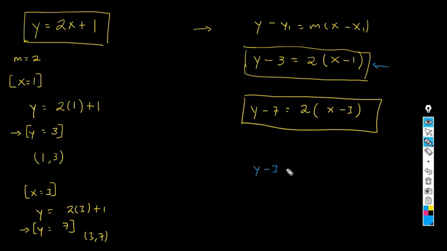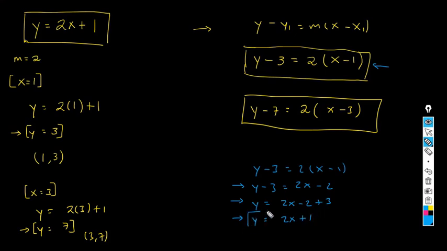I'm gonna write it down, and all you have to do is do some algebra, like multiplying this 2 times this parenthesis, and then leaving the y alone on the left side. So y equals 2 times x minus 2 plus 3, and then plus 1.